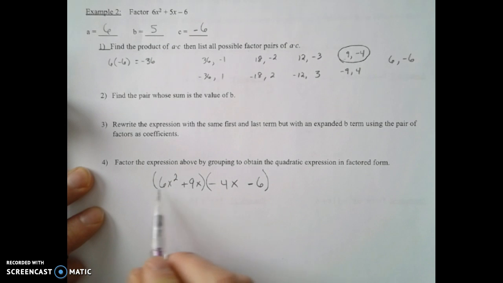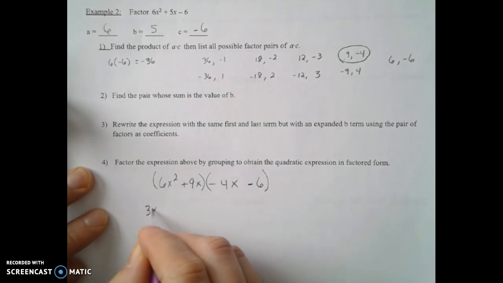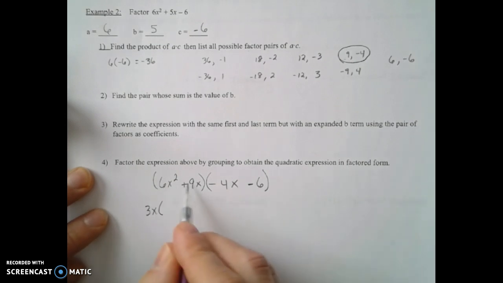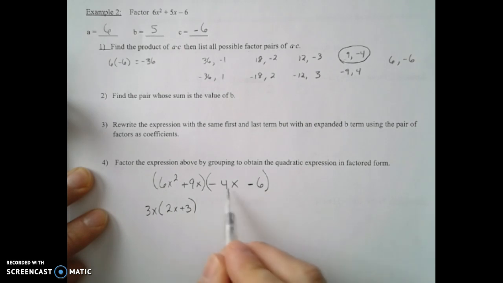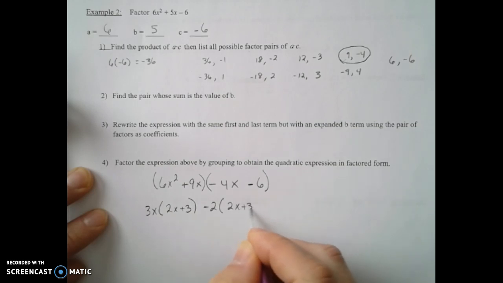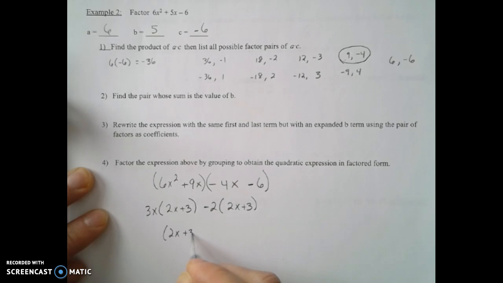The GCF of the first term is equal to 3x, and when I divide both of these by 3x, that leaves me with 2x plus 3. Now with the last set, I'm going to factor out their GCF, which is going to be a negative 2. When I divide both of those by negative 2, that leaves me with 2x plus 3. So I can see here that 2x plus 3 is going to be a factor, and my other factor is the GCFs, 3x minus 2.